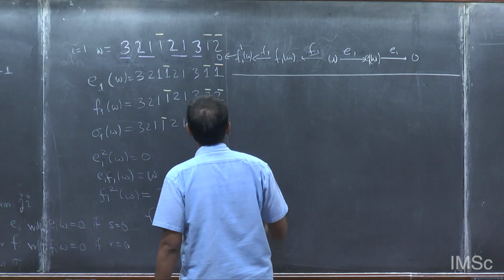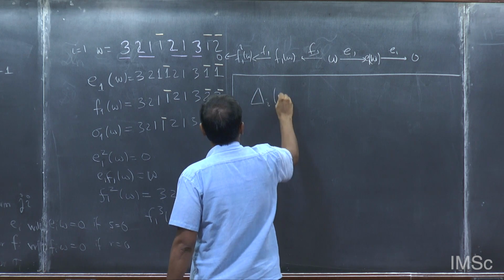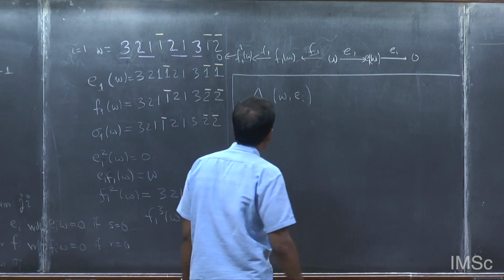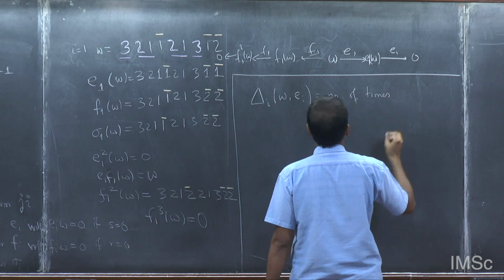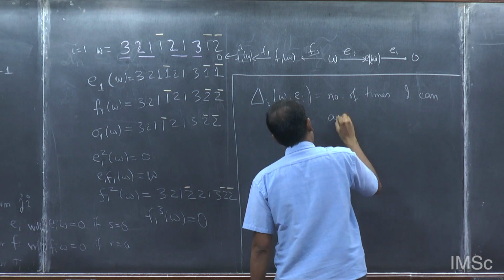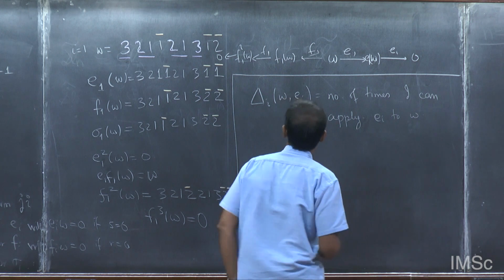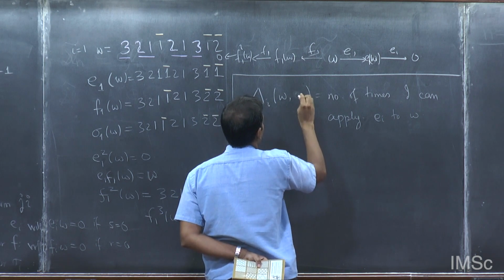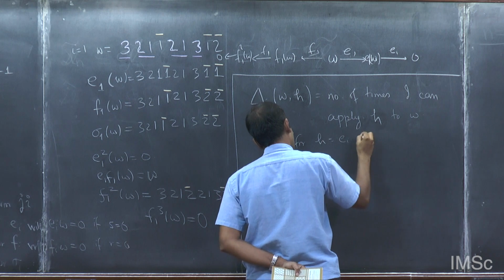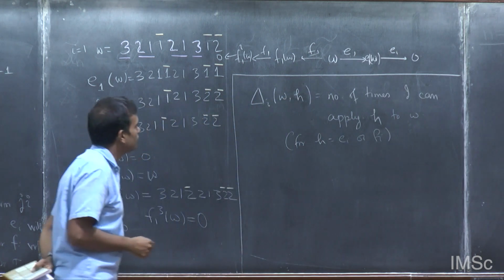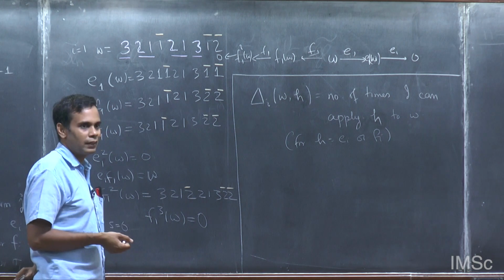So I'll say delta I of W, E I. This is going to be the number of times I can apply E I to W. And similarly, maybe I'll just say H, where H could be, you can think of this as, I think it's sometimes called the E I depth of W. Okay, how much E I can I apply to W?